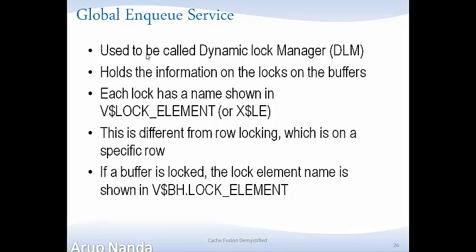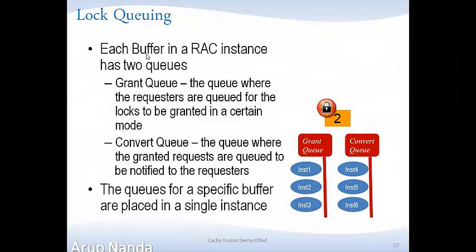NQ, as you might know, is a synonym of lock. It used to be called Dynamic Lock Manager, DLM. That has the information on the locks and the buffers. And if you want to see what locks and buffers you have, you can see that from a view called v$lock_element, or x$le if you have access to the system.